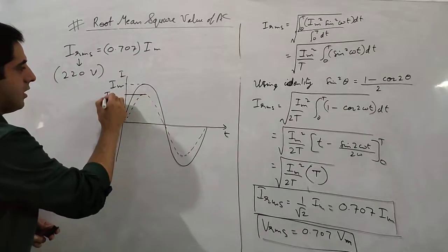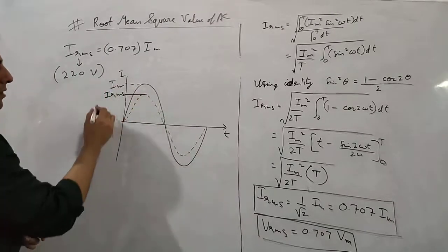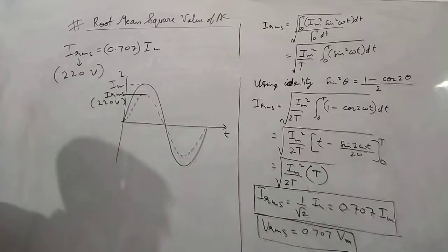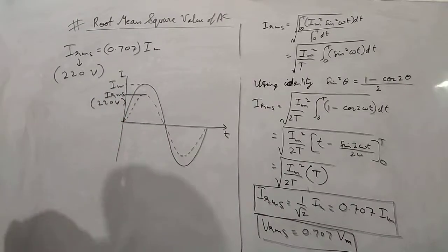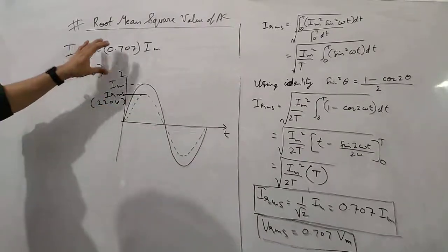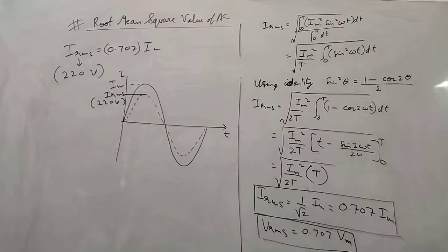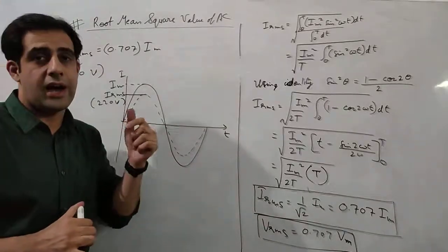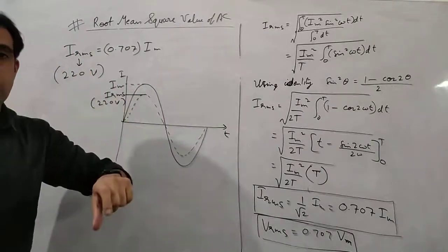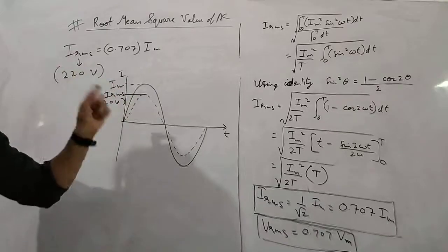This value is the IRMS value, and this is the supply that we get from our power of the house. So that is why it is important, because we always use IRMS, we never use peak, and from here we can also find out that the peak value of voltage that we are receiving in our houses is actually higher than what is rated there. It is rated 220 volt, but 220 volt is the RMS value.